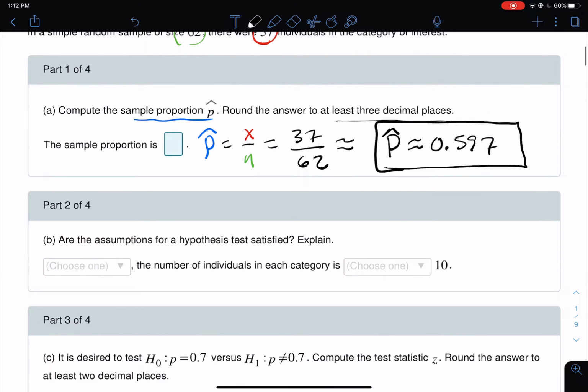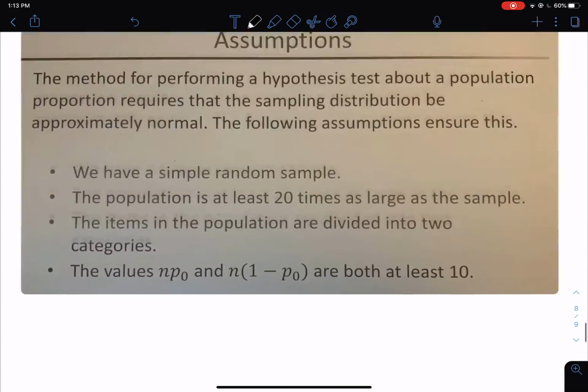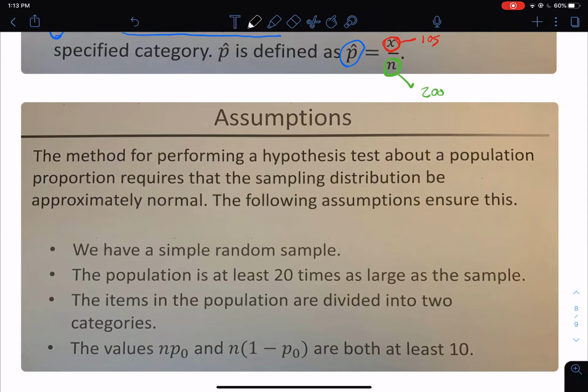Okay, then it says, are the assumptions of the hypothesis test satisfied? Well, I have some notes for the assumptions. The method for performing hypothesis tests about a population proportion requires that the sampling distribution be approximately normal.